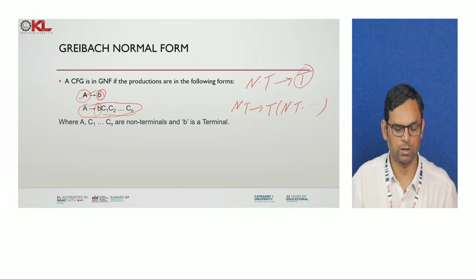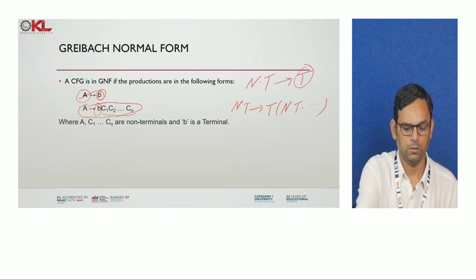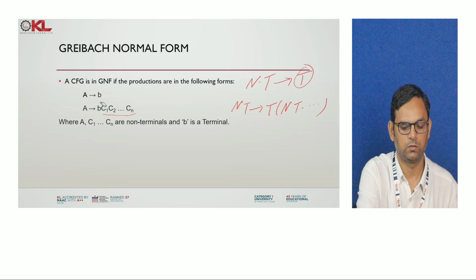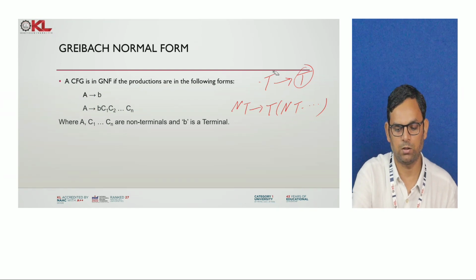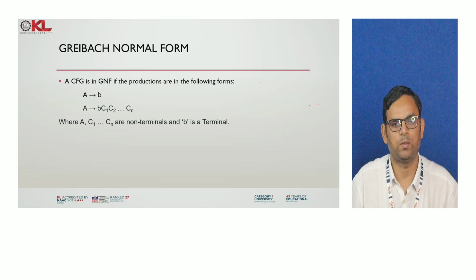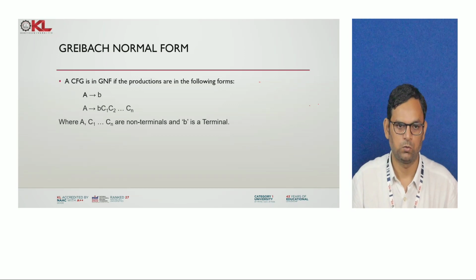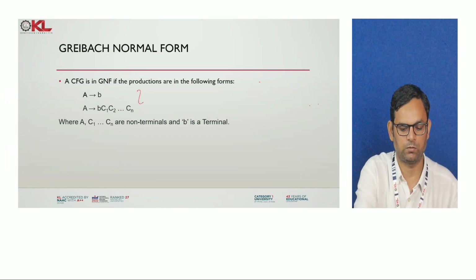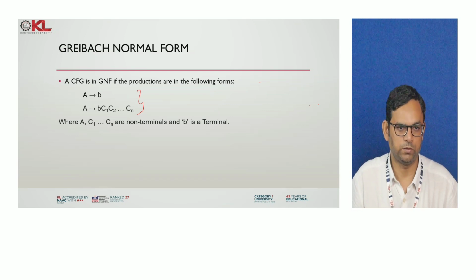A tends to small b, that is a non-terminal tends to a terminal, or a non-terminal derives a string that contains only a single terminal followed by many non-terminal symbols.